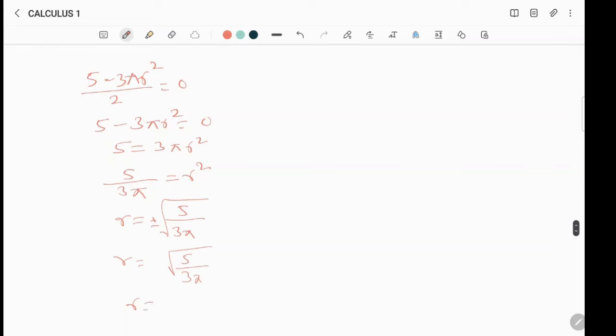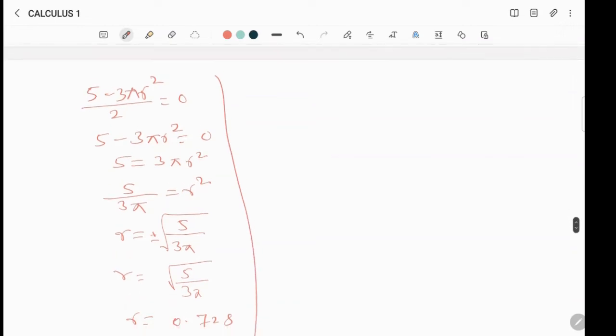Now we can use calculator to get this value. Let's check. Root of 5 over 3 times pi is 0.728, so 0.73. We got radius. And we need to get height also. What was height?